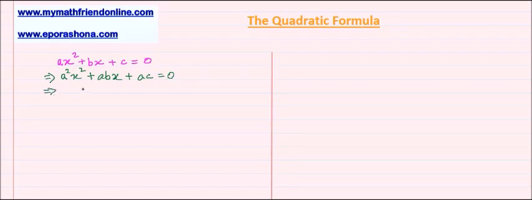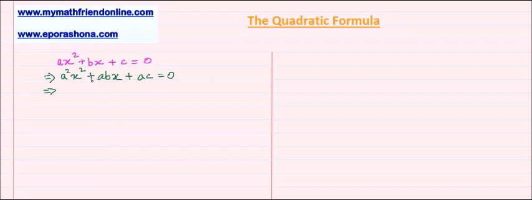Now what did we do? We will be introducing a term after this abx, after this term containing x, so that we can group the first 3 terms and express the 3 terms in the form of the a plus b whole square identity. Why a plus b whole square and not a minus b whole square? Because there is this plus sign over here.